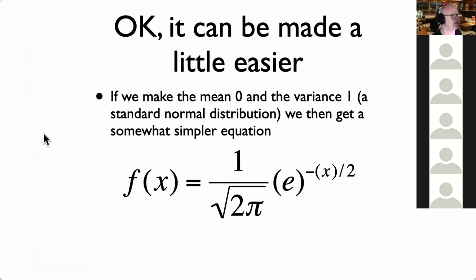All I've done is set the mu to 0 and the standard deviation to 1, and all the sigmas go away and all the mu's go away, right? This is actually doable. This isn't virtually impossible like it is for the regular equation of the normal distribution. This is something you could do in a first-year calculus class. The last one you probably couldn't do.